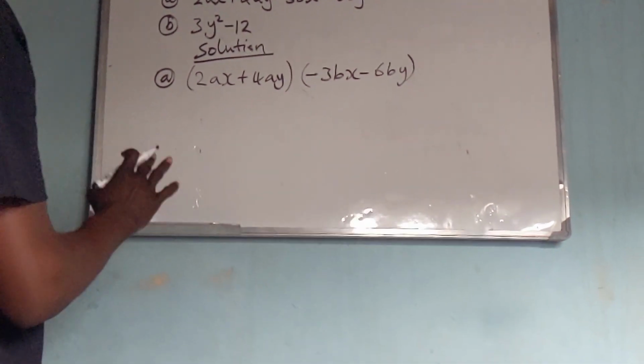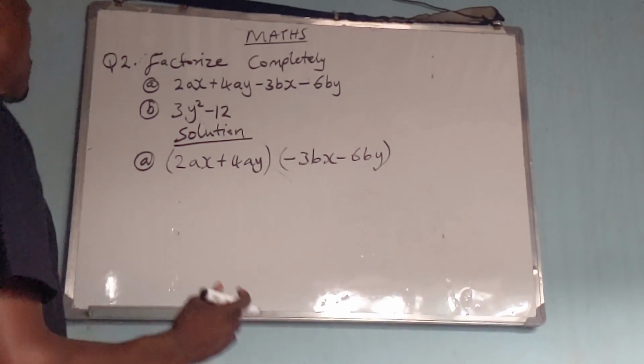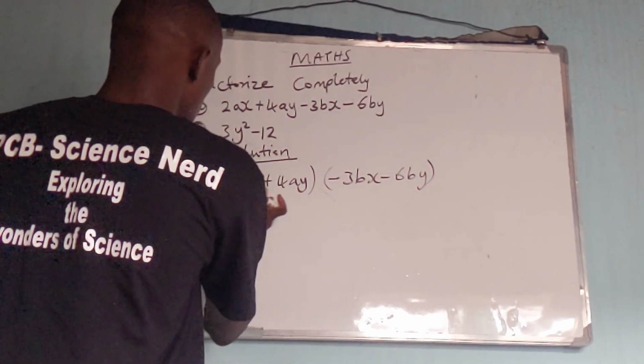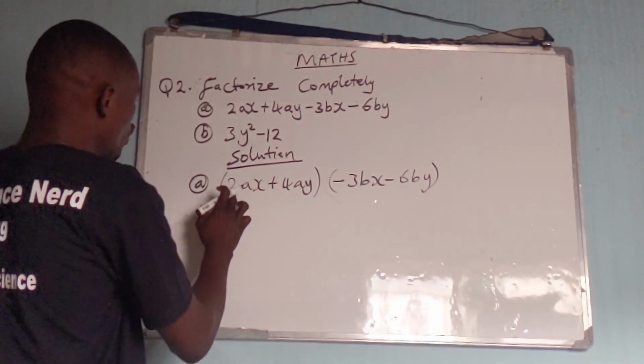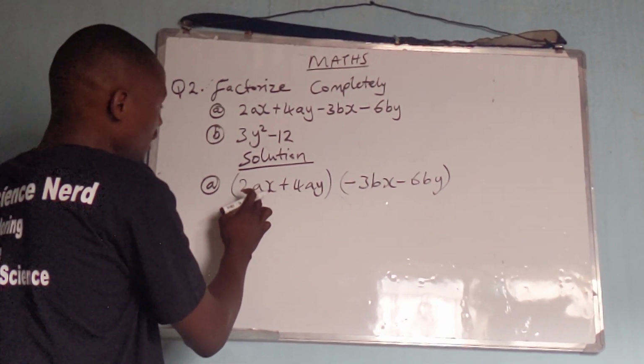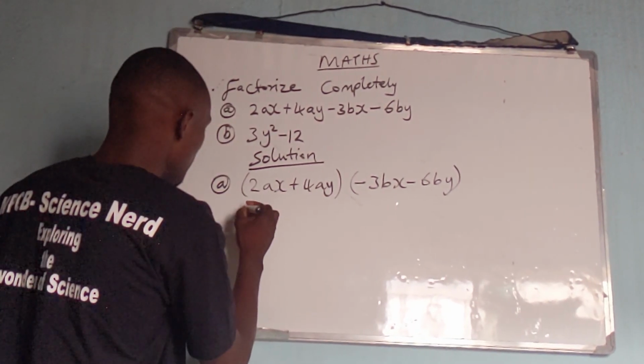Next, we are going to factorize. How are we going to factorize? If we check the first group, we can see that 2a is common.